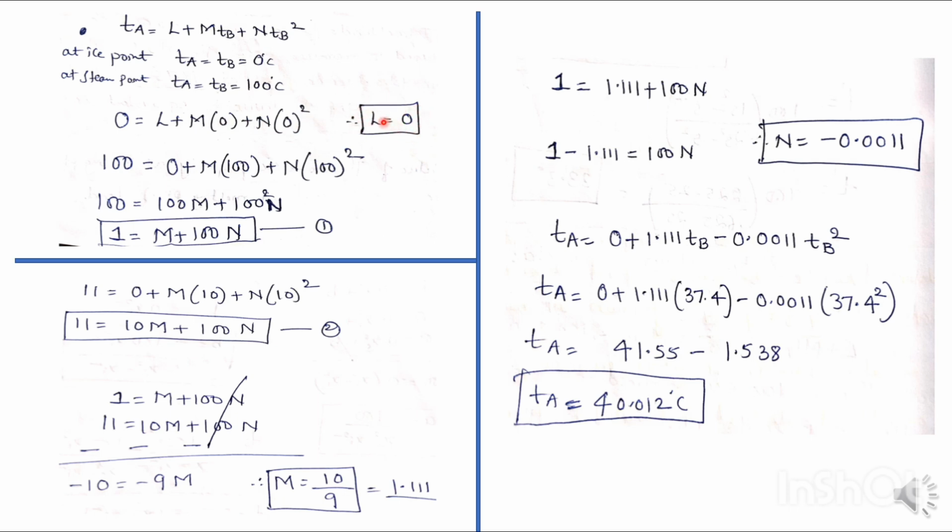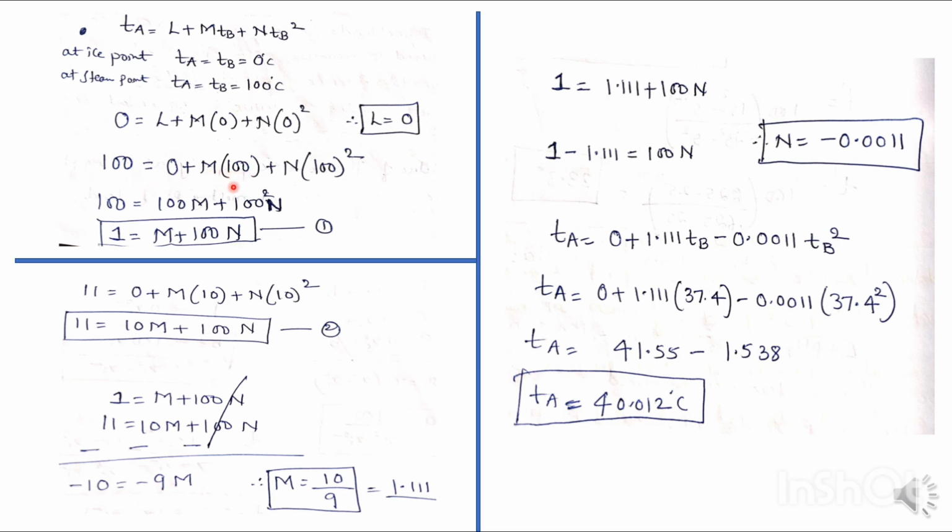Now we substitute the value of L in the equation for the steam point. At the steam point TA = TB = 100. So 100 = 0 + M·100 + N·100², since the temperature on thermometer B is 100 at the steam point.